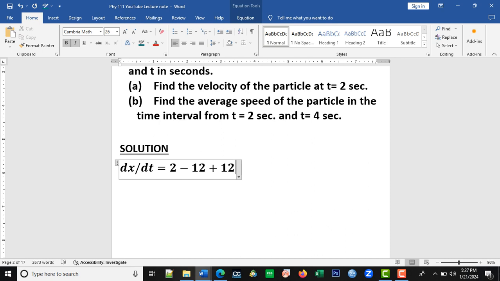You can as well use your calculator and simplify it. You will see what I'm trying to say. Of course, minus 12 plus 12 will give us 2. So the first derivative of that particle, which is the velocity, gives us 2 meters per second.